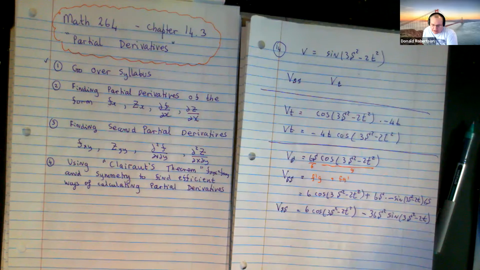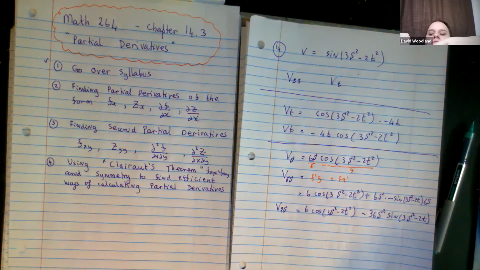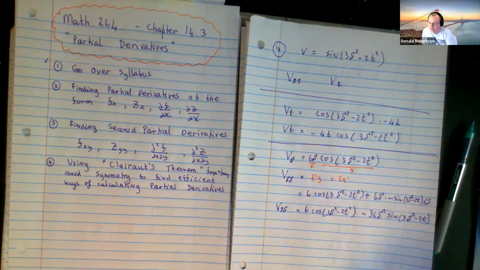So if I give you any multivariate function, some function in 2 or 3 variables, do you feel comfortable about finding first derivatives? Second derivatives? Using Clairaut and or symmetry to maybe make your life a little bit easier as well, right?